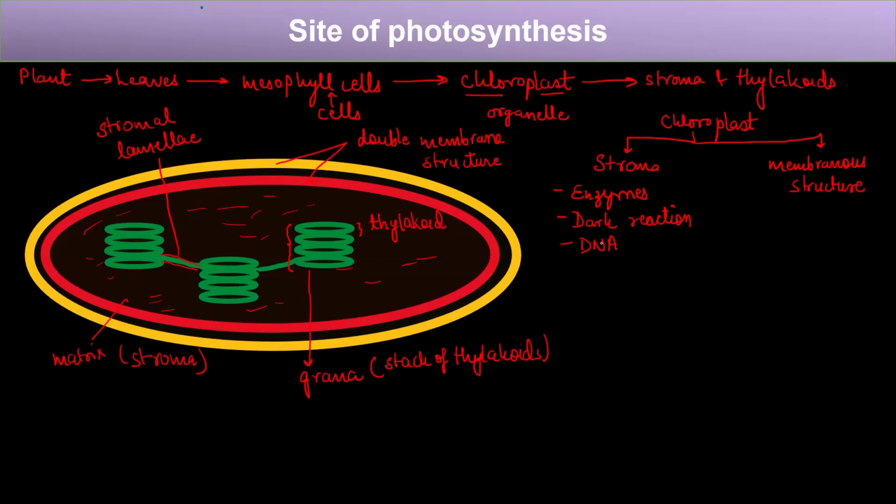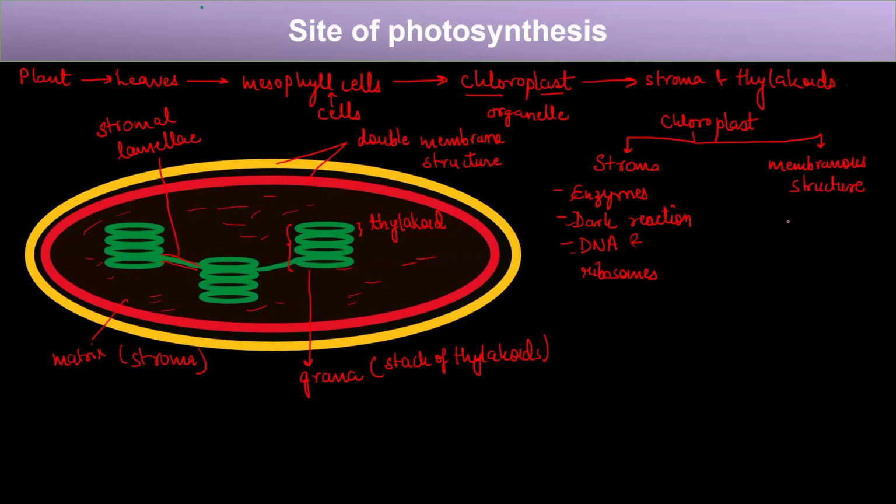The stroma or matrix also has ribosomes, because they perform their own protein synthesis. So the stroma consists of enzymes, is the site of dark reaction, and has DNA and ribosomes.